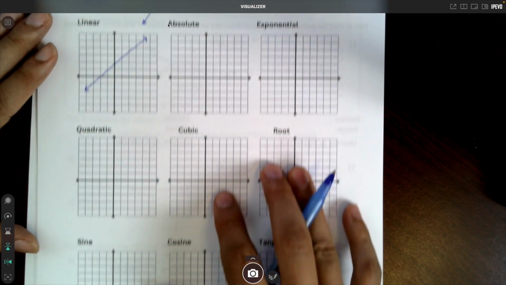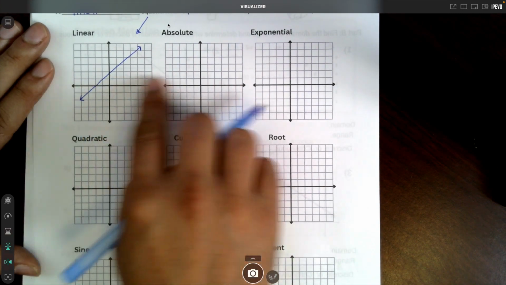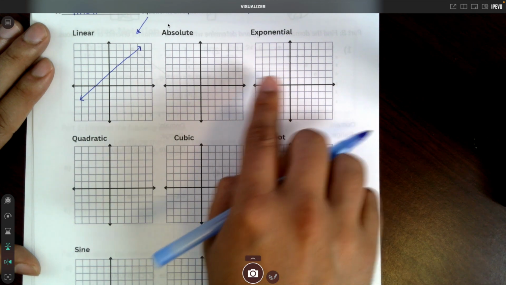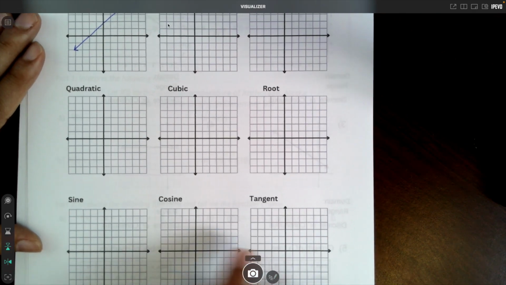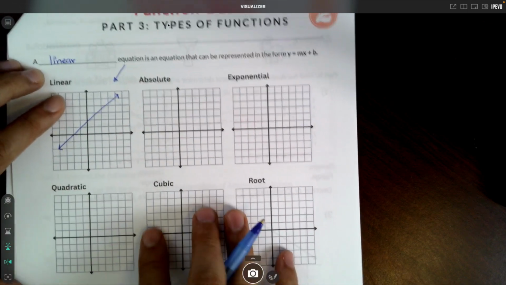But there's a ton of different types of functions. So if you see, there's absolute value, exponential, quadratic, cubic, root, sine, cosine, tangent, and then within all of these, they can take all kinds of shapes and forms. These equations are technically between 1 and 2 dimensions. It could be up to 3 dimensions, but basically it's on a 2-dimensional surface.